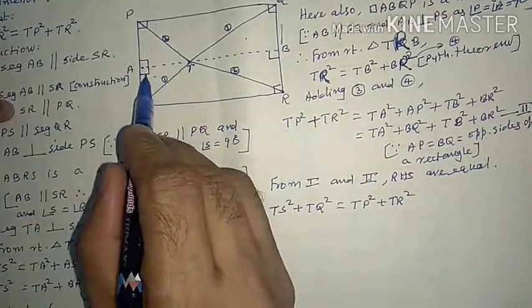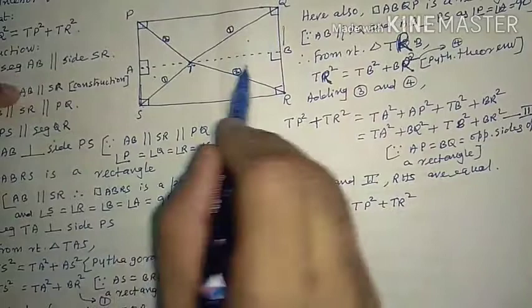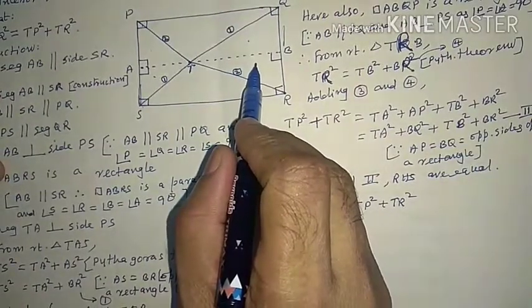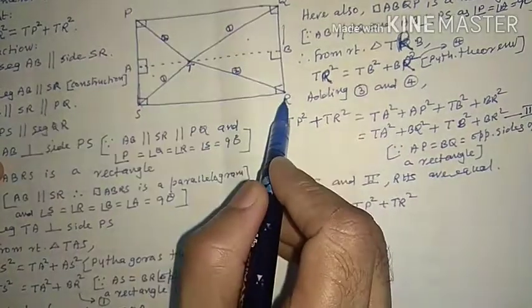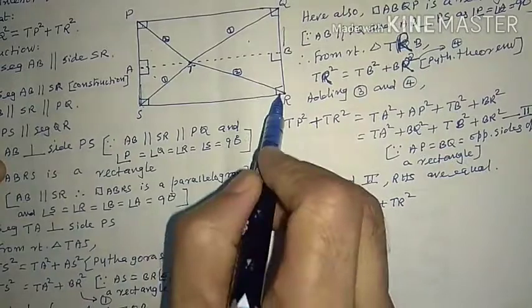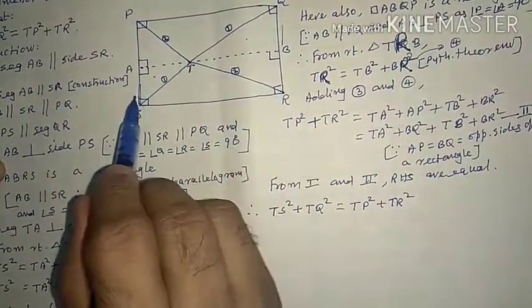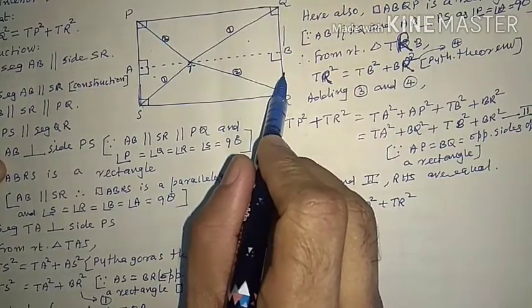That means this angle is 90 degrees. Then what do we argue? Opposite sides are parallel, by construction we have taken, you know. Therefore, quadrilateral ABRS is a parallelogram. Then with a 90 degree angle we say it is a rectangle. Then we say opposite sides are equal.